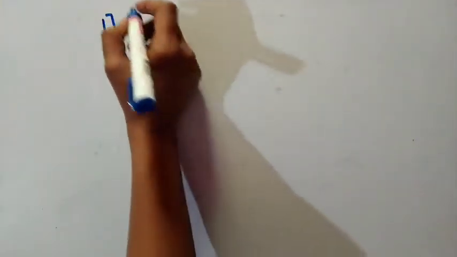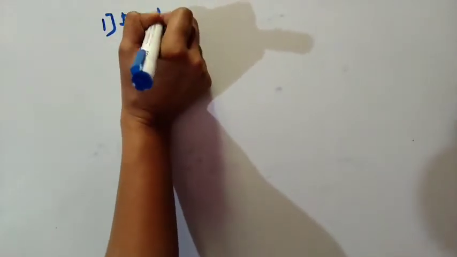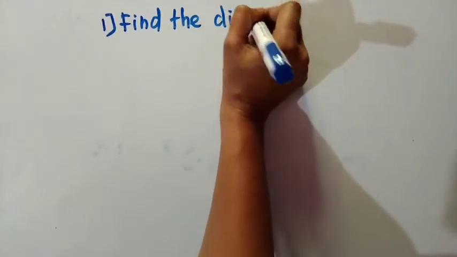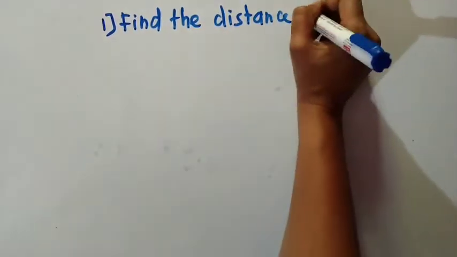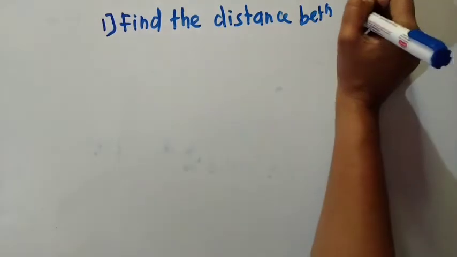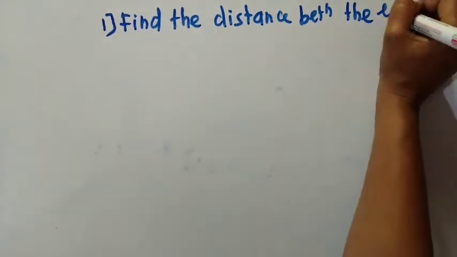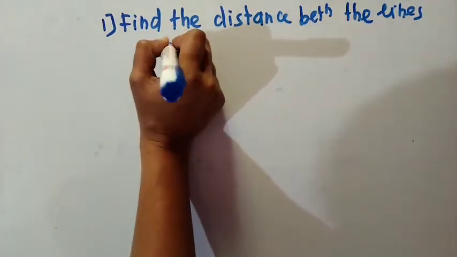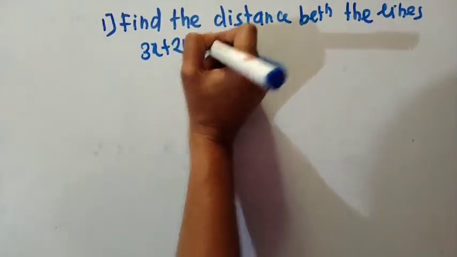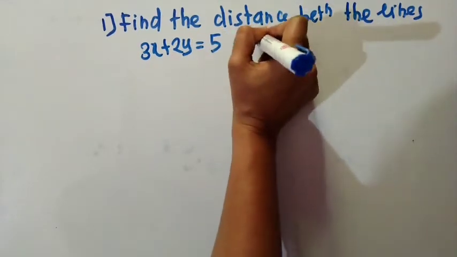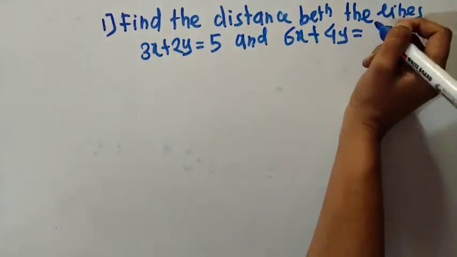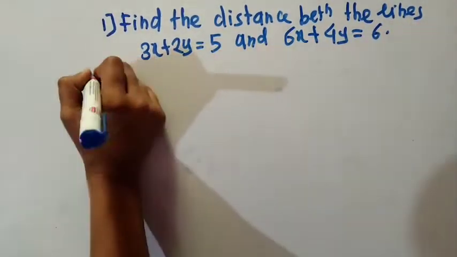Then we give the first example. Find the distance between the lines 3x + 2y = 5 and 6x + 4y = 6.